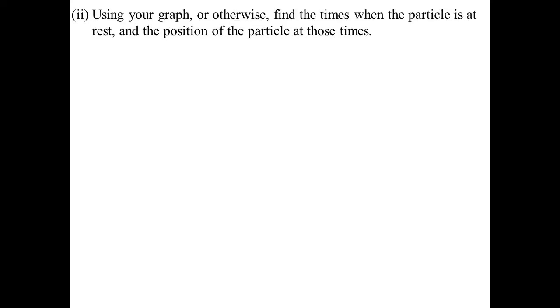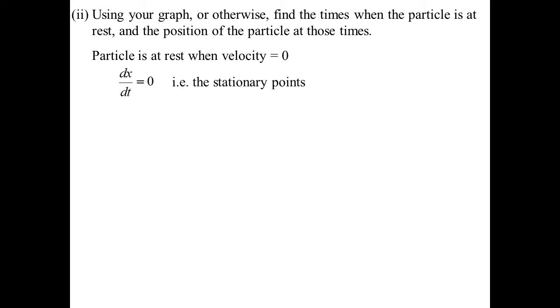Using our graph, or otherwise, find when the particle is at rest and the position at those times. Now, the graph's going to make life a lot easier, so I don't have to actually use calculus here, because I know the particle is at rest when the velocity is 0, that is, the derivative is equal to 0. So I'm looking for the stationary points.